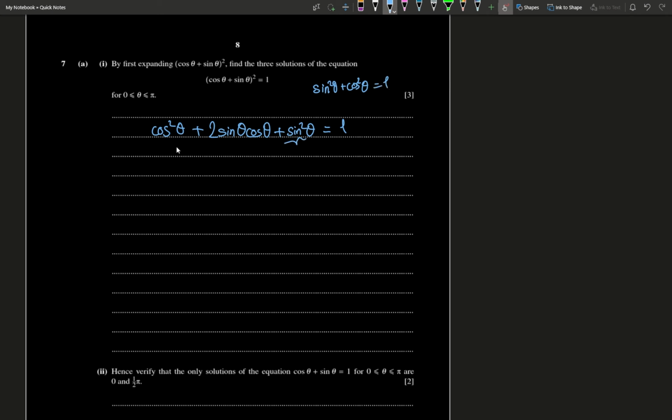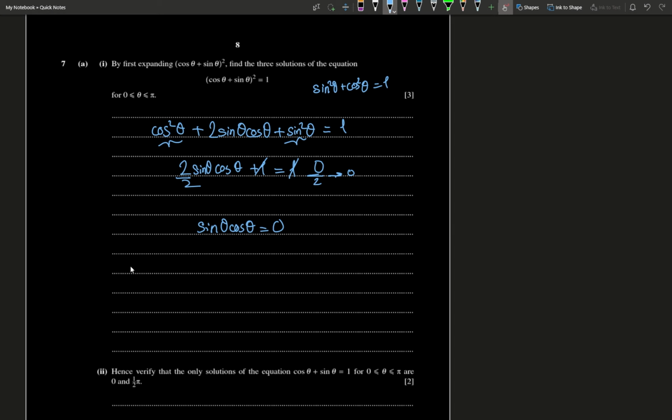So sine squared plus cosine squared is 1. I can write it as 2 sine theta times cosine theta plus 1 equals 1. I can subtract 1 from both sides, so you have 0 here. Then divide by 2, and it's still 0. You'll end up with sine of theta times cosine of theta equal to 0.